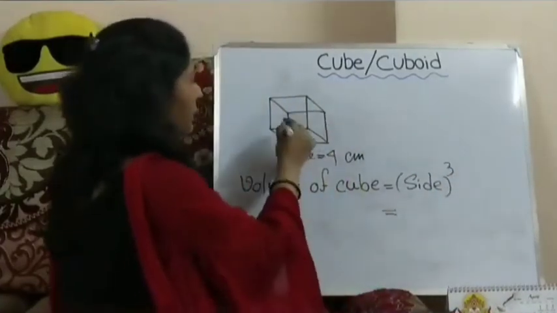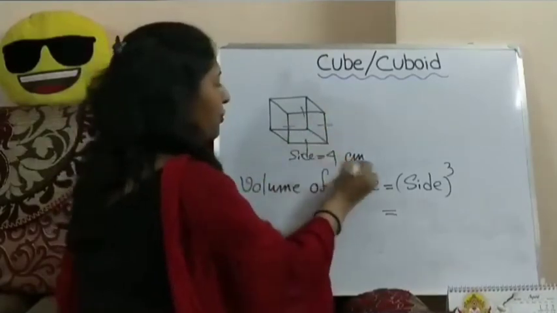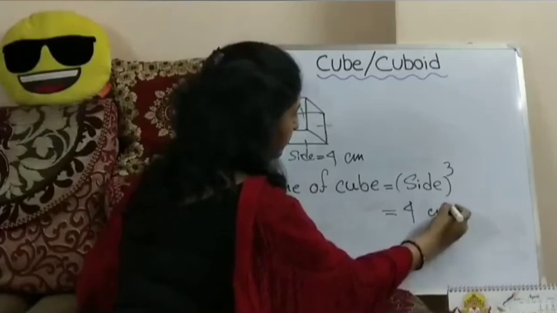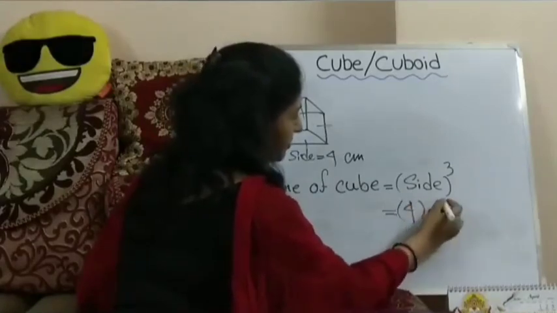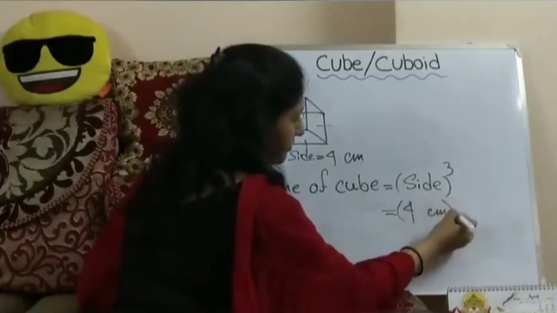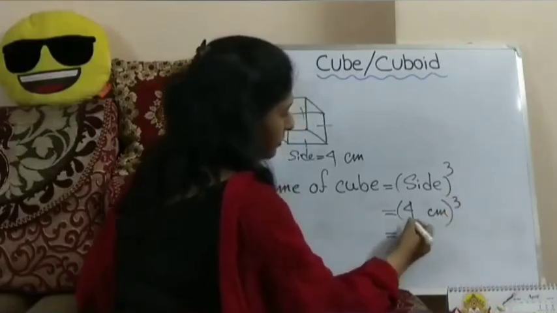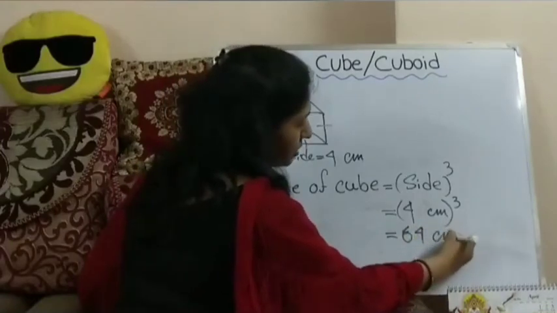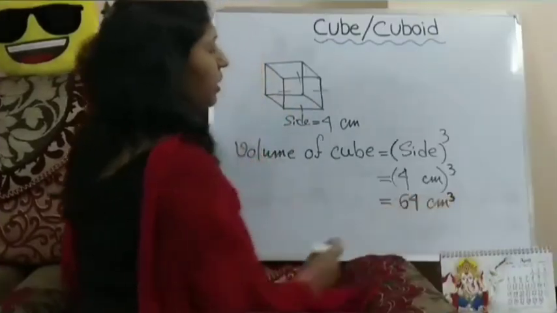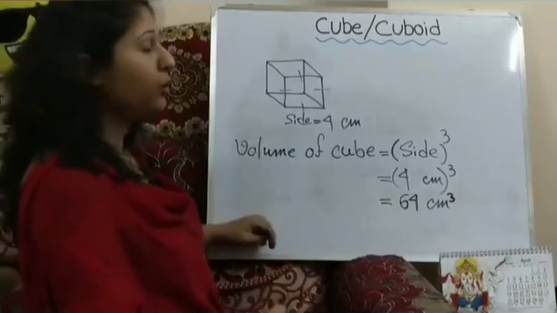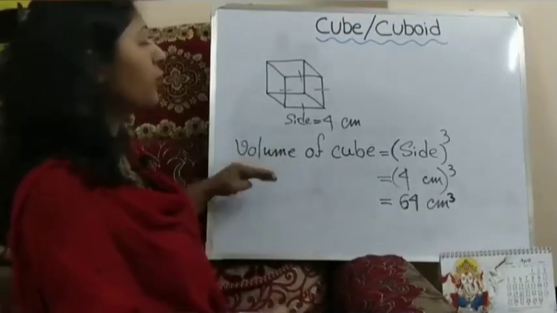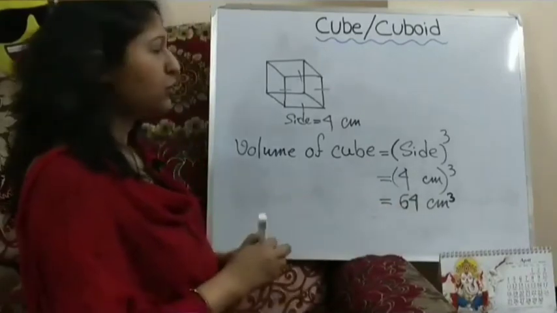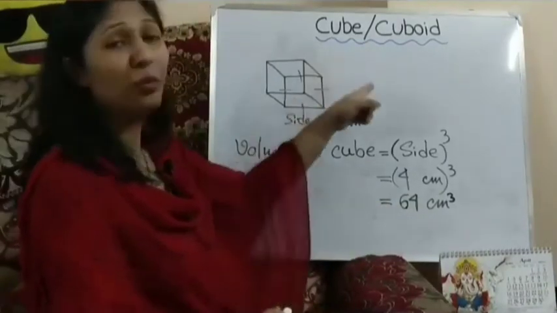So here all the sides are 4 centimeter, 64 centimeter cube. So this is the way we got our result, means volume of a cube, that is 64 centimeter cube.